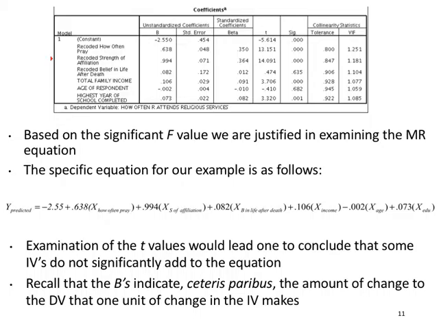And if it was negative, it would be the person who believes in life after death attends religious service less than the person who doesn't. In this case, it's essentially 0. The 0.082 doesn't vary significantly from 0, and so essentially it's 0.